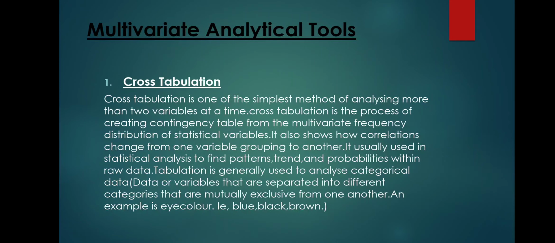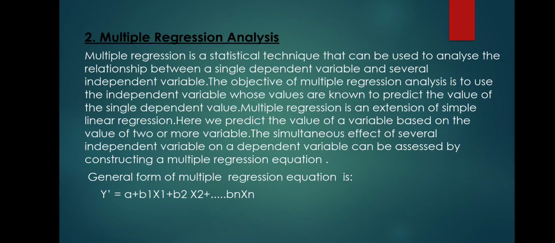So we can then move to the second technique, that is multiple regression analysis. Multiple regression is a statistical technique that can be used to analyze the relationship between a single dependent variable and several independent variables.